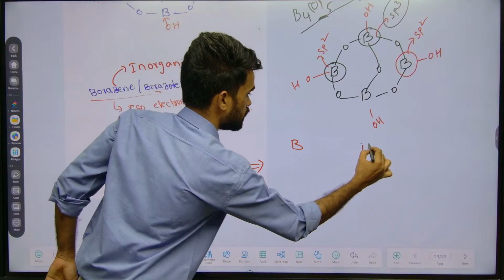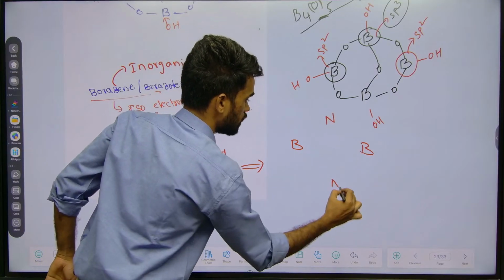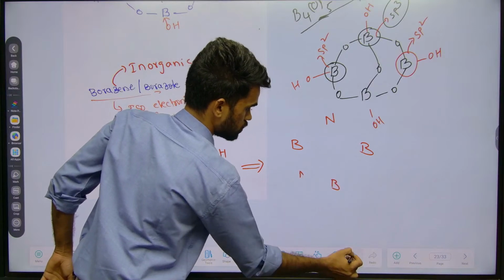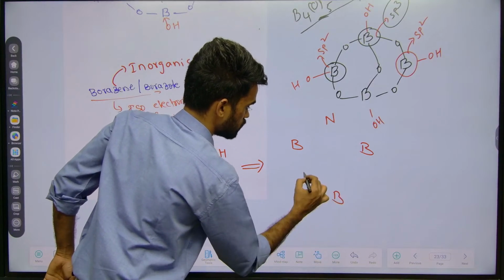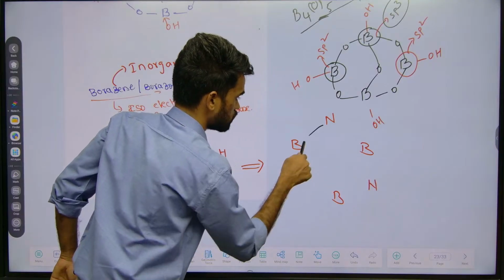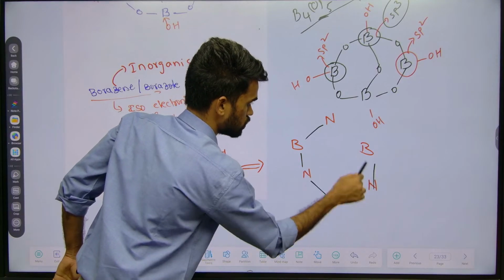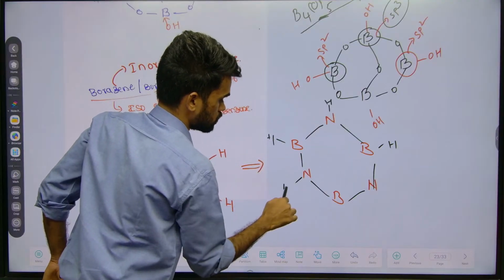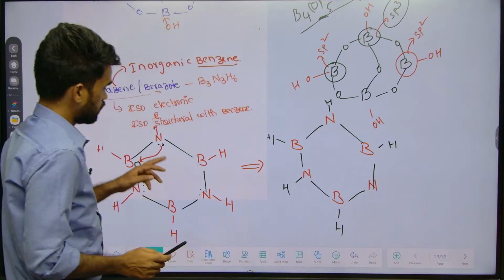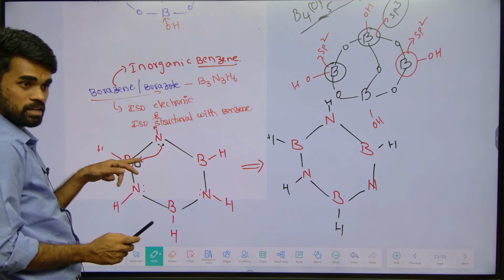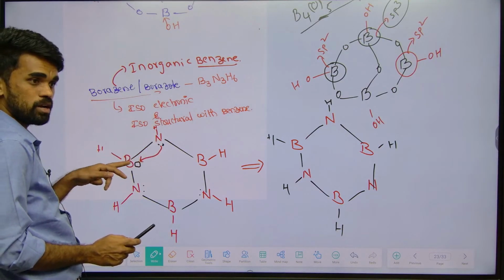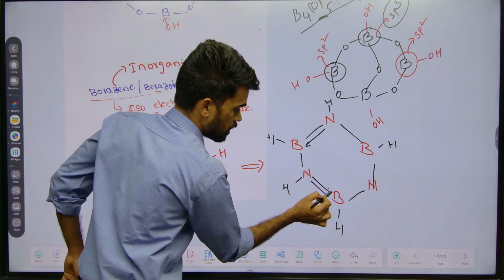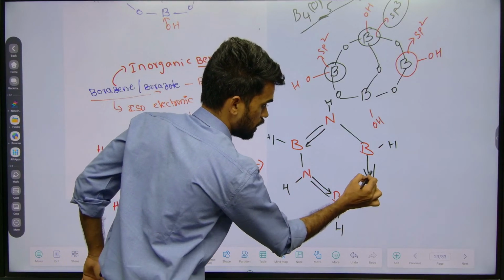B, N, N. So single bond is now, lone pairs are giving now. So what happens between nitrogen and boron each time? 1 pi bond. Like this, like this, like this.